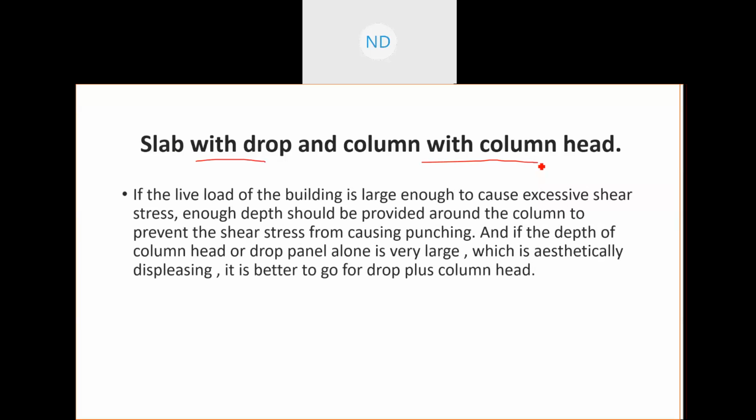So why do we provide drop and column heads together, when we know that our live load is going to be very high? Suppose our live load is very high, and in that case, when we have a huge load to be resisted by the slabs, what do we do? If this is your slab, and if we provide only drops above the column, what will happen?